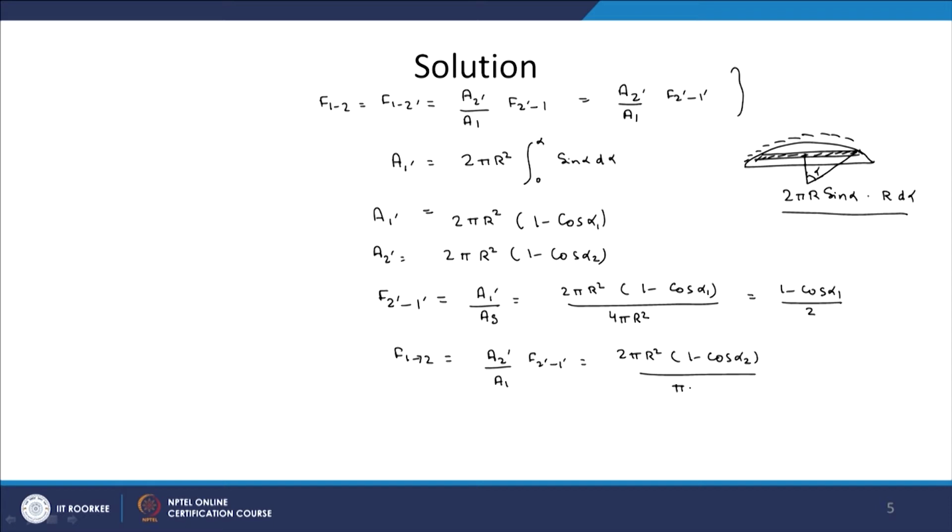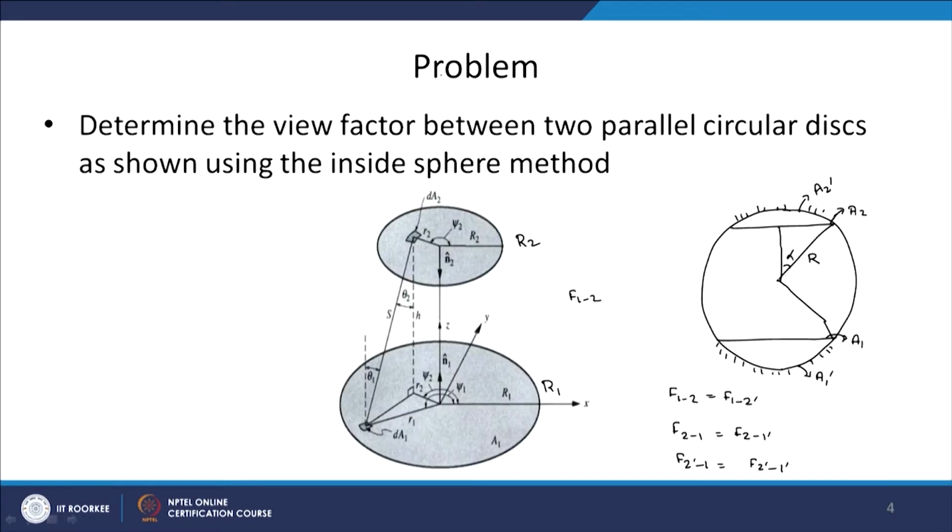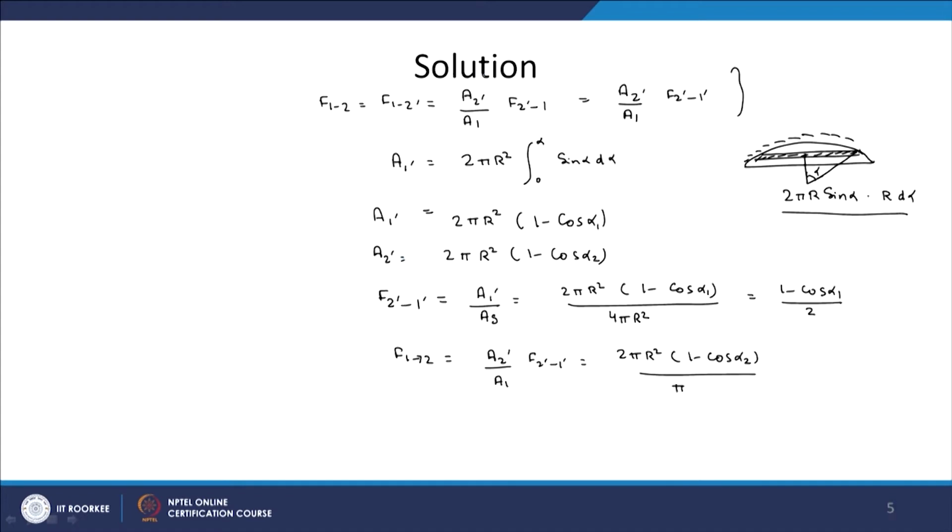So, we are talking about the area of this disc. This disc has radius r1, so pi r1 square. So, r1 and r2 are the radius of the discs, while r is the radius of the sphere.